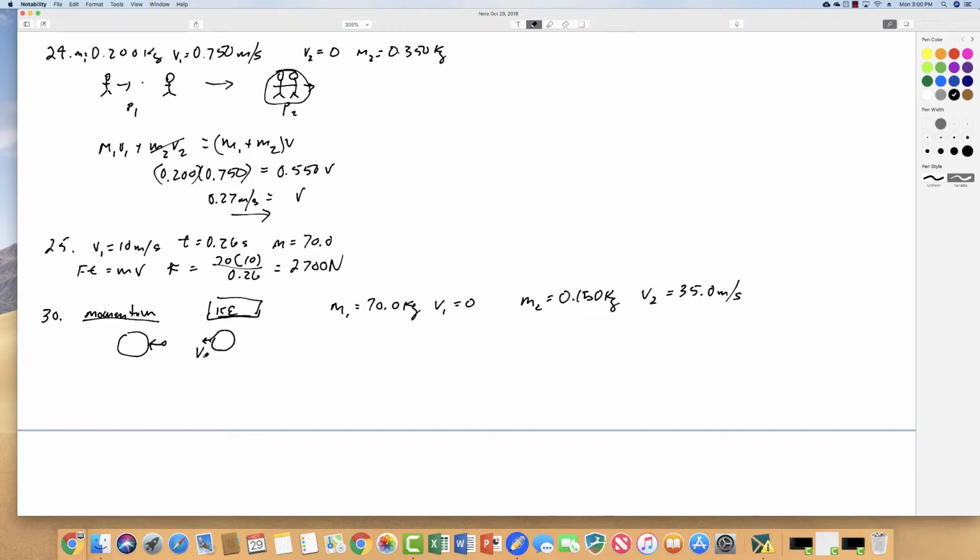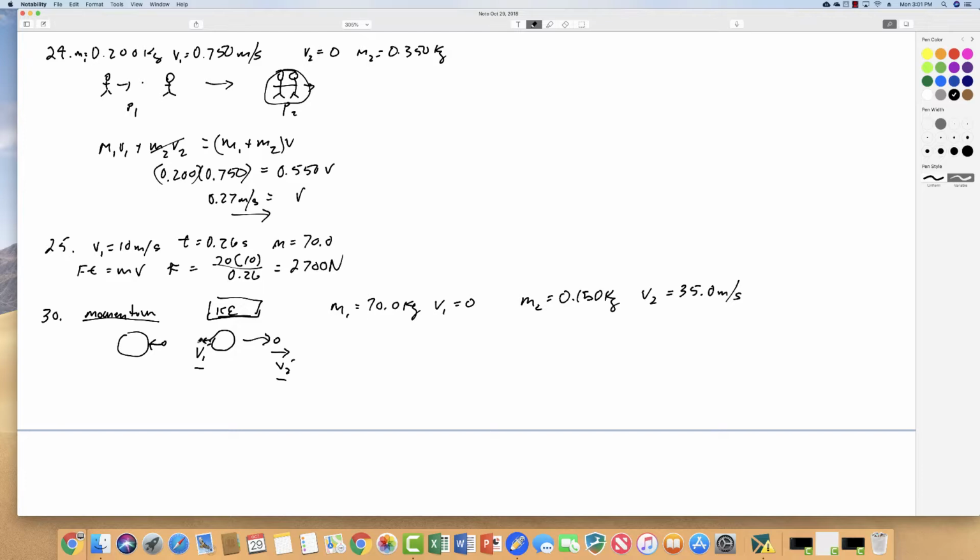We'll call that V1 prime. And the puck will be moving in this direction. We'll call that V2 prime. Now, the question is, what would be their final velocities in this case? So V1 prime and V2 prime are the two unknowns.